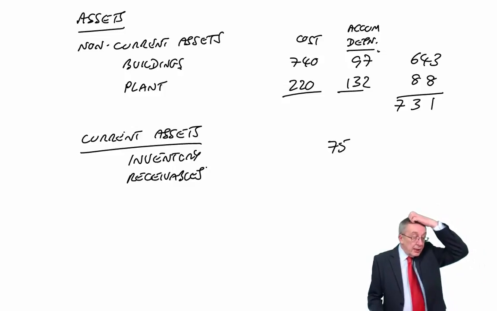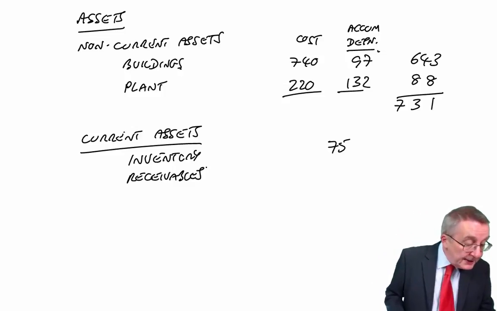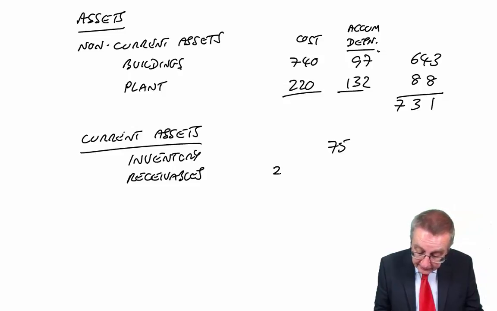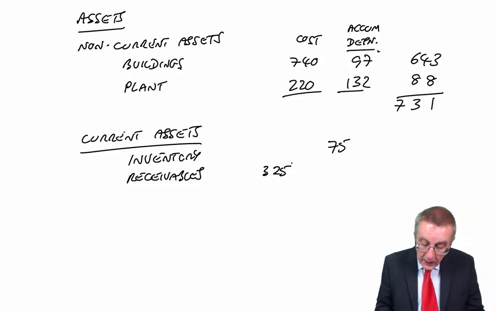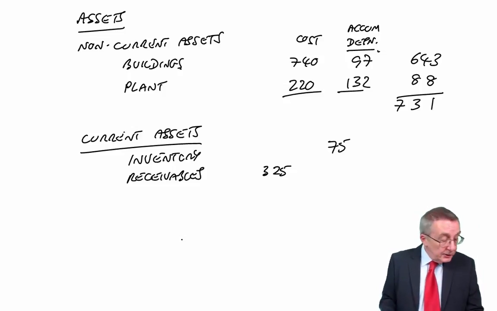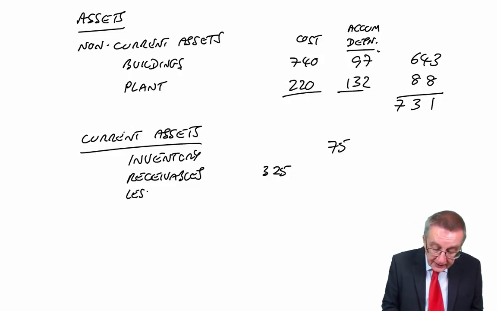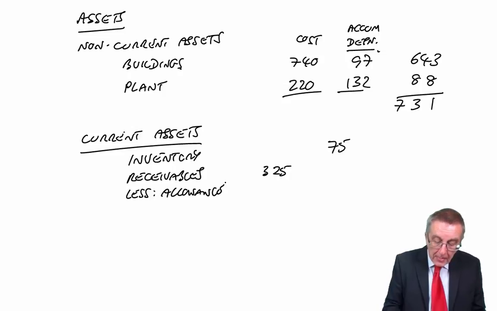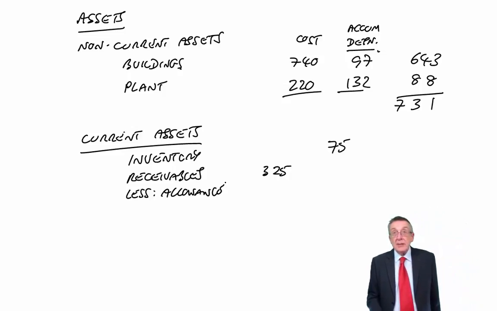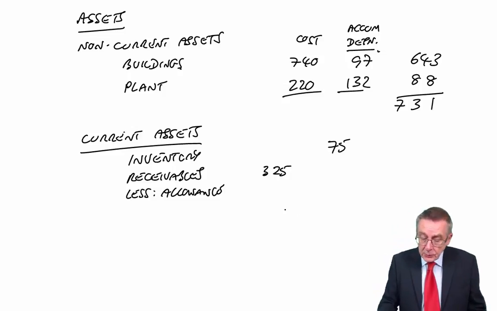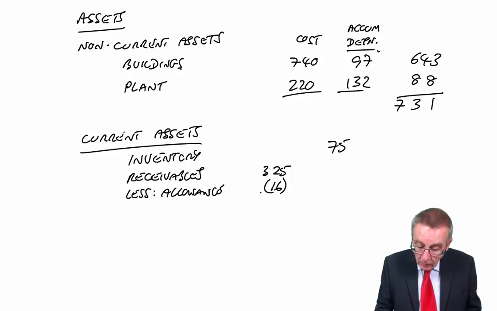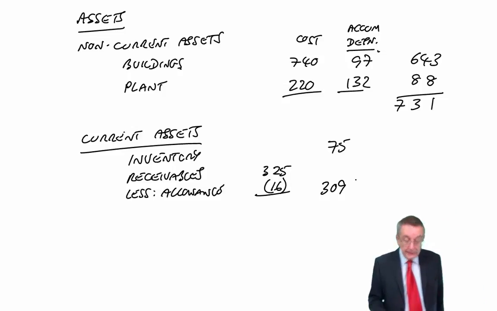Well, the figure on the trial balance for receivables is 325. That itself didn't change, but it's less the allowance. Remember, the allowance was 10, but if you look back, we changed it. We had an extra 6. We've changed it to 16. So the net receivables are 309.